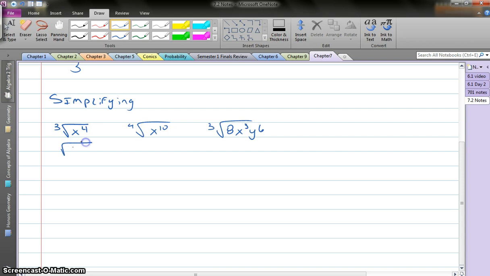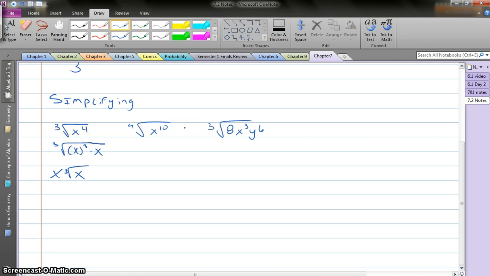Well, x to the 3rd power would take care of 3 of these, and I have 1 left over. So this one has the magic key to come out. This guy's stuck in the cubed root. So we have to find, with this number out here, it tells me what to this power, how many of those do I have here, and then what's left over.